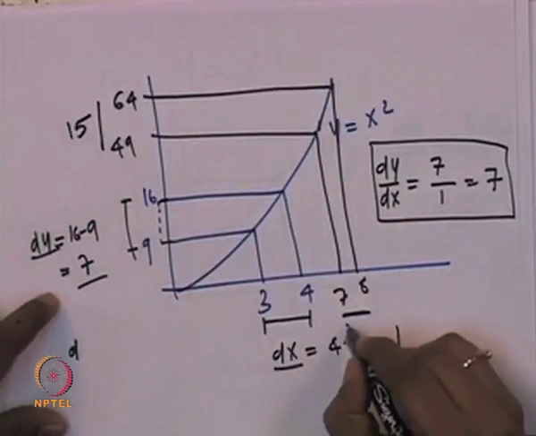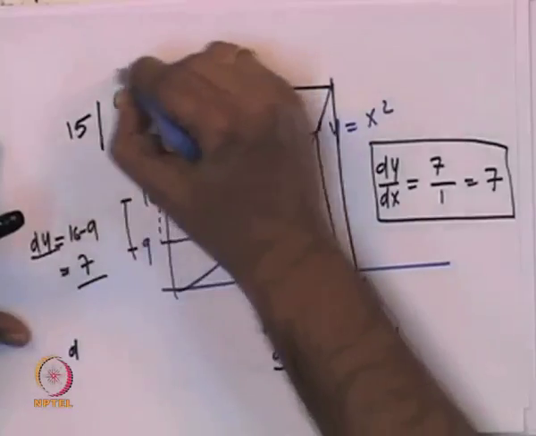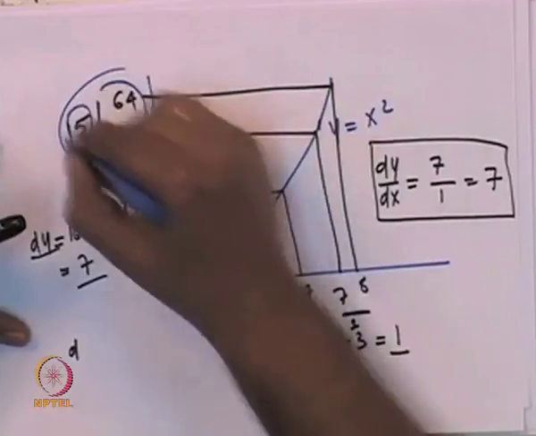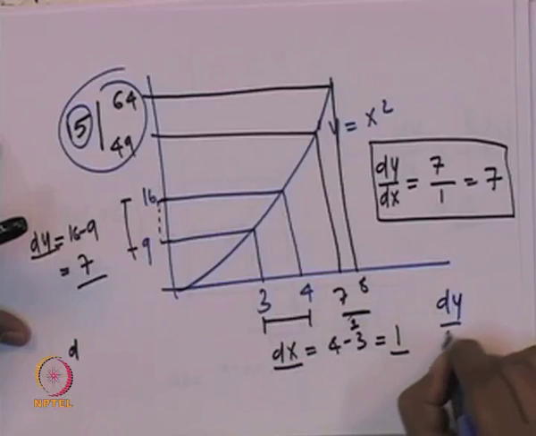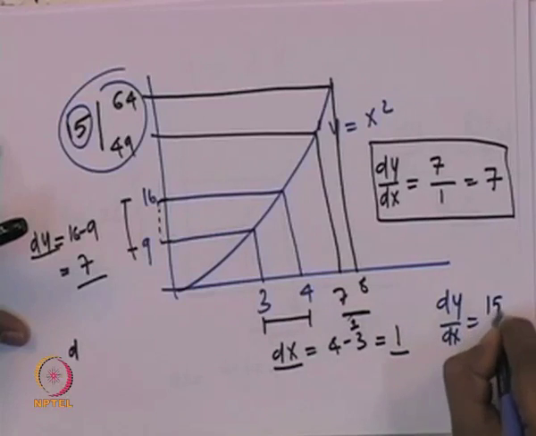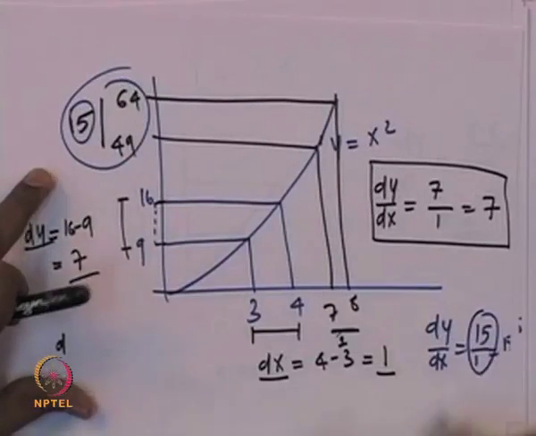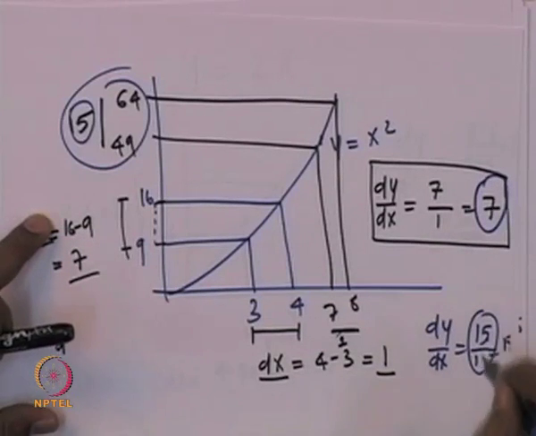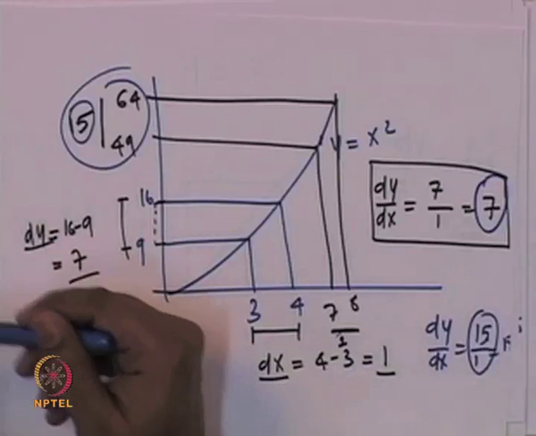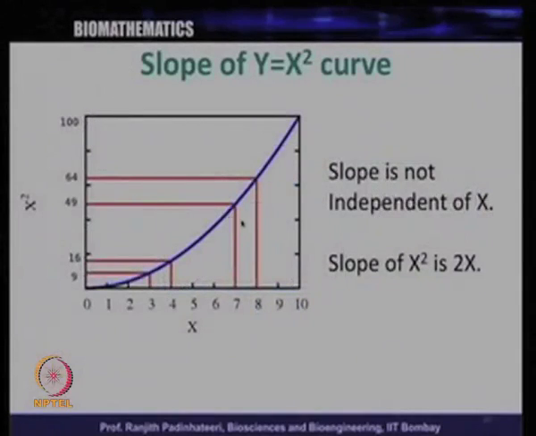So the dy by dx, which is 15 by 1, is 15. So dy by dx is 15. So you got 7 in the previous case and 15 here. Depending on the x value wherever you calculate, we got different answers.